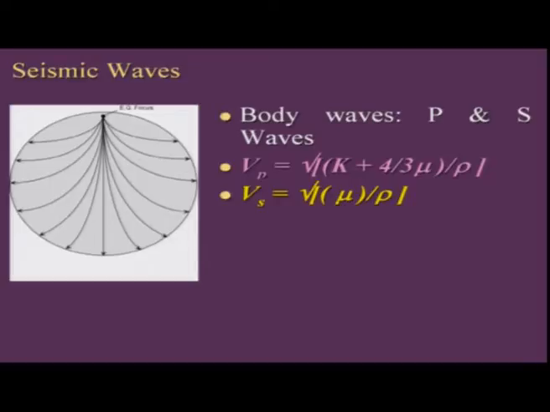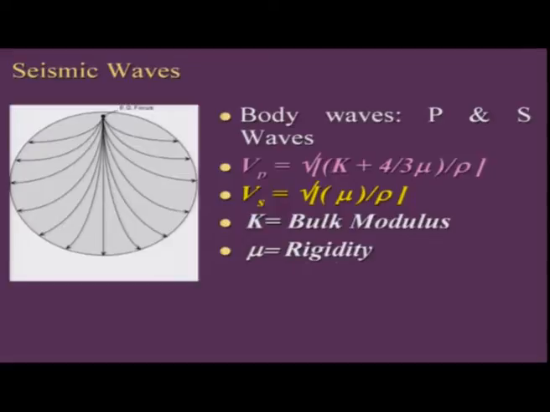Most important here is the shear modulus, then this one is the bulk modulus, and this is the modulus of rigidity, and this plays an important role in terms of the S wave. We will discuss this one. We also have the density here. So the velocity will be affected by the density and by the rigidity of the material.